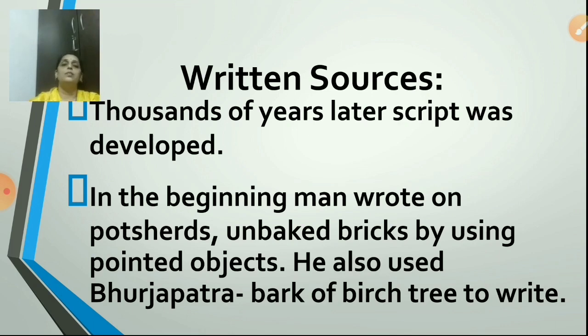This means, students, scripts were developed thousands of years ago. In the beginning, man wrote on potsherds and unbaked bricks using pointed objects. And he also used bhujapatra, that was bark of birch tree, to write.